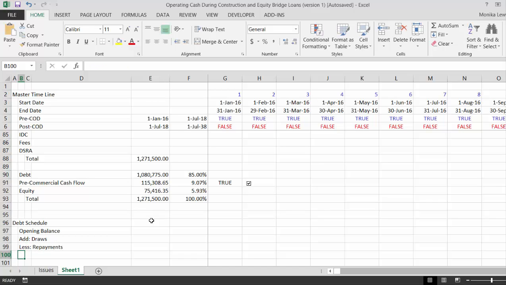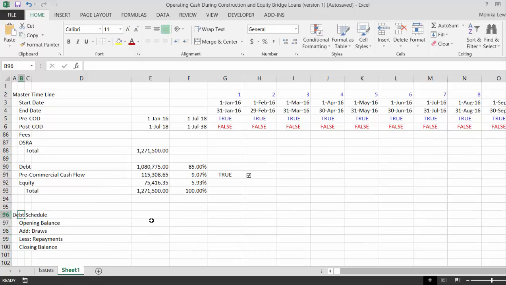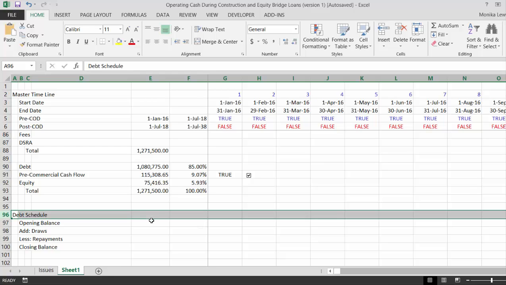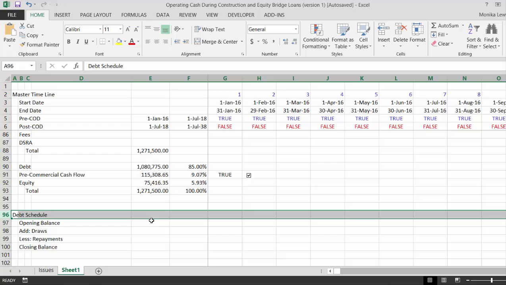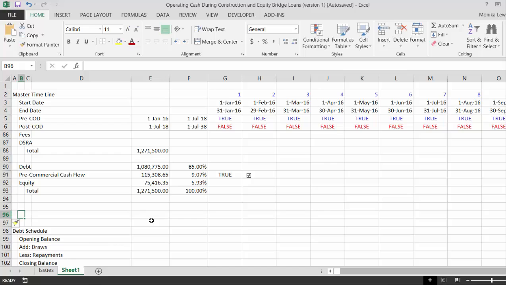I think I'm just being slow right now. Because before we did this, we should have put the, well, I guess we could put the drawdowns here. The drawdowns we're going to just, let's do the percentage of construction.